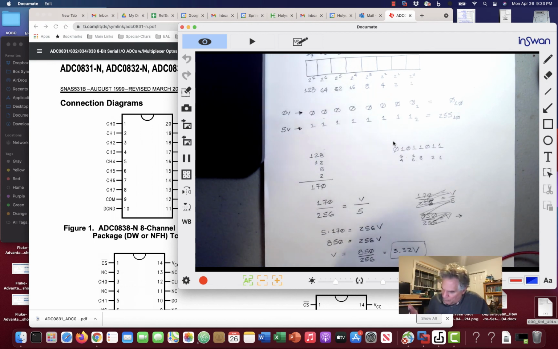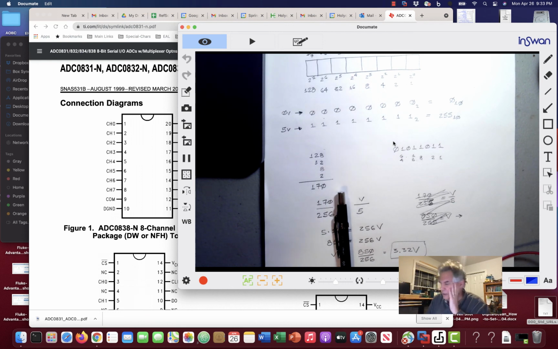So you saved a bunch of pins, which are always worth money in a microcontroller project, and you made a voltage measurement. So in this case, we just made a voltmeter, a 0 to 5 volt voltmeter. But a lot of times that's what reading sensors are. It could be voltage or current or whatever. But the sensor is turning some real-world quantity into a voltage, and we're measuring it.